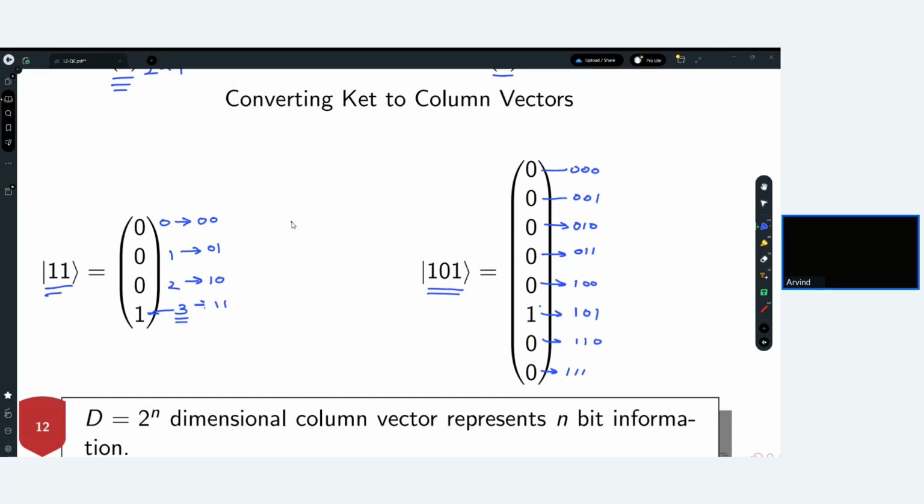Suppose that we want to represent n bits of information, then we need a column vector of size 2 to the power of n.